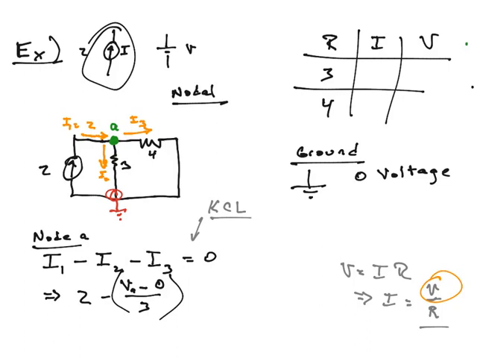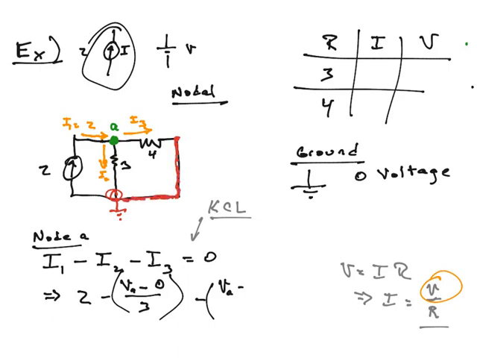Let's look at I3. That's the next one. I3, I also don't know the value for I3, so I'm going to do the same thing. Instead of writing I3, I'm going to write the voltage drop divided by the resistor. So again, we start at A, so we have the voltage at A, minus the voltage on the other side. Well, what's the voltage on the other side of the 4? Over here. Again, all of this is the same node.